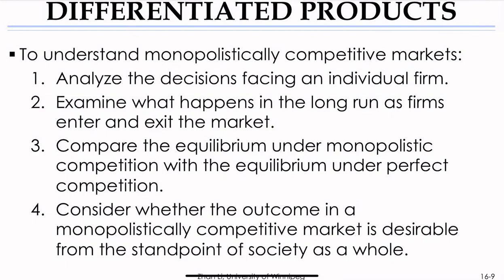What is the quantity it wants to produce, and what is the price it wants to charge? And then we will think about in the long run, right? We know that one assumption about the monopolistically competitive market is there is free entry and exit in the long run. So we want to understand in the long run, if firms can enter and exit the market, what is the firm's long run profit?